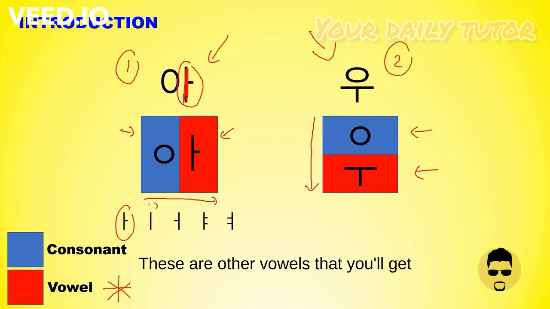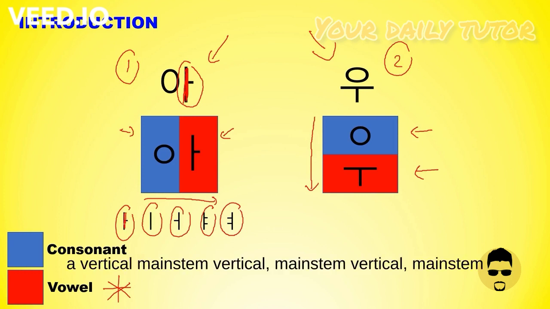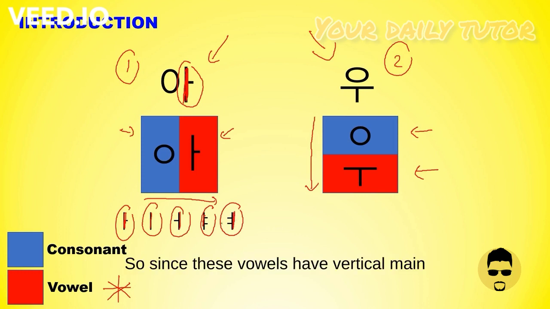These are other vowels that you'll get to learn in the next few lectures, but I want you to notice that for all these vowels, they all have a vertical main stem. So since these vowels have vertical main stems, I should write characters containing these vowels in a left-right orientation.